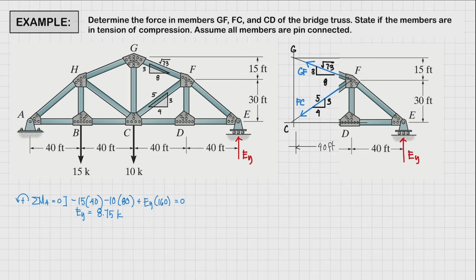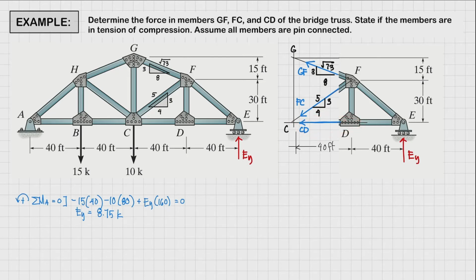Alright. So now that we know the reaction at EY, we can now use this free body diagram to solve for our unknowns. So we have three unknowns. Again, I'm going to assume that all the members are in tension. So we have three unknowns, GF, FC, and CD.